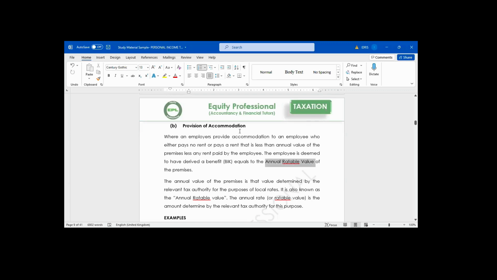It is the annual rateable value we are going to recognize as the benefit in kind to the employee. Annual rateable value simply means assuming the company want to rent the accommodation out to another party that is not the employee, how much will the company collect? That is annual rateable value.